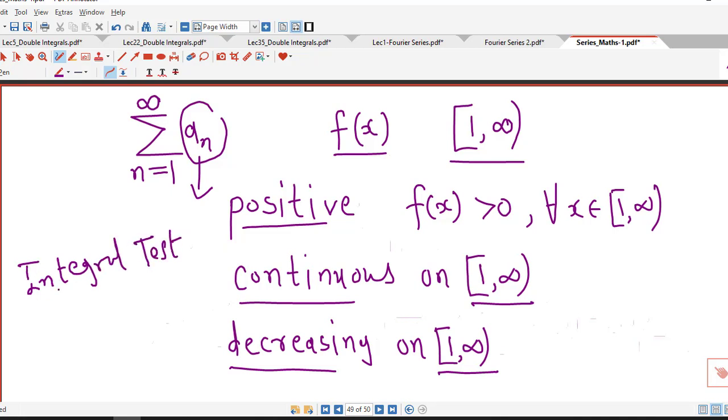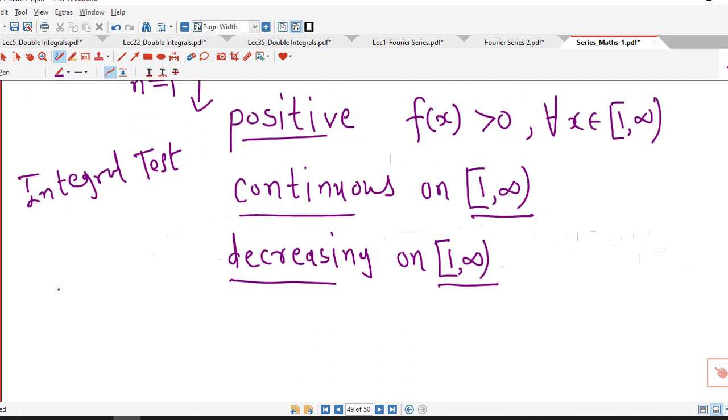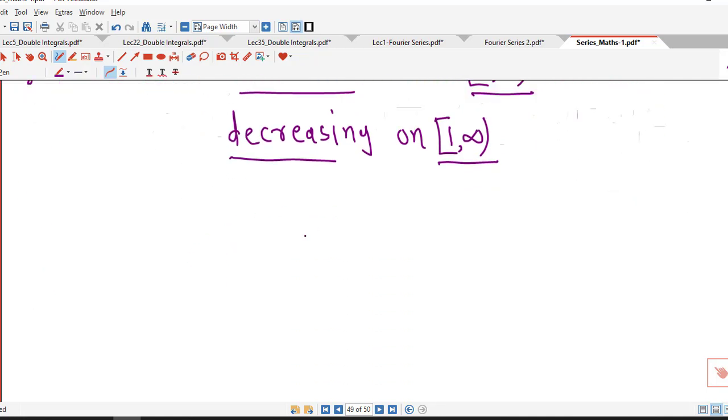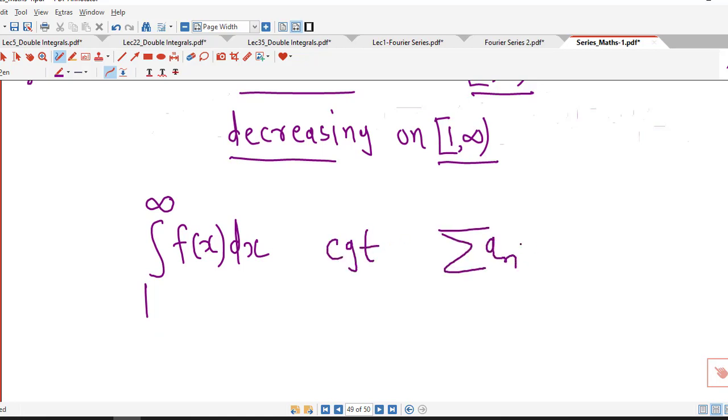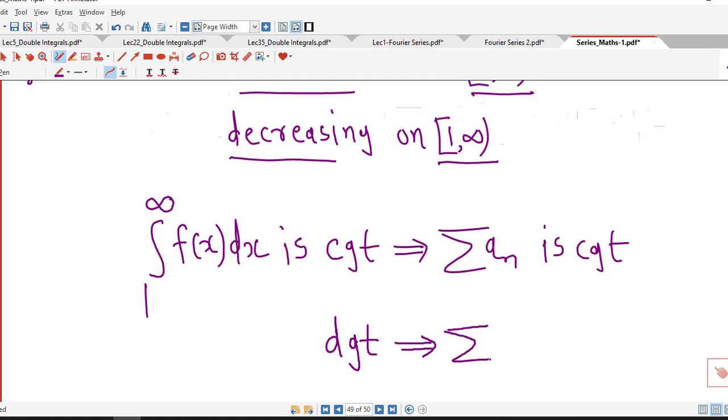So suppose our function is positive, continuous and decreasing on [1, infinity), then we will check the convergence of the improper integral from 1 to infinity of f(x) dx. If this improper integral is convergent, then the given series is convergent. If the integral is convergent, sigma a_n is convergent, and if this improper integral is divergent, the given series sigma a_n is divergent.